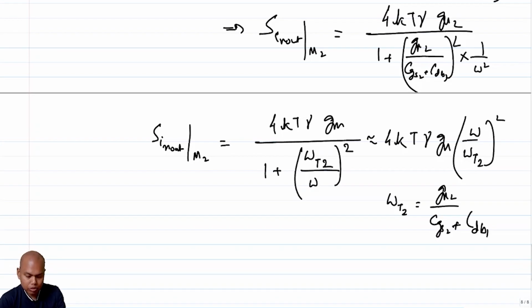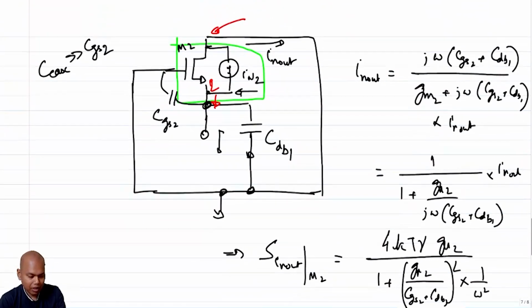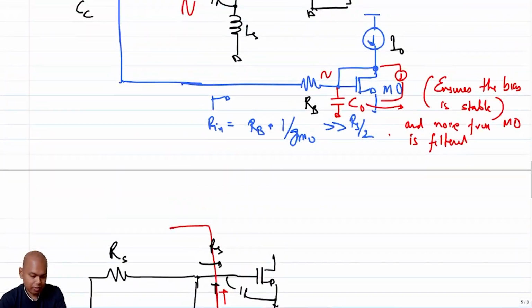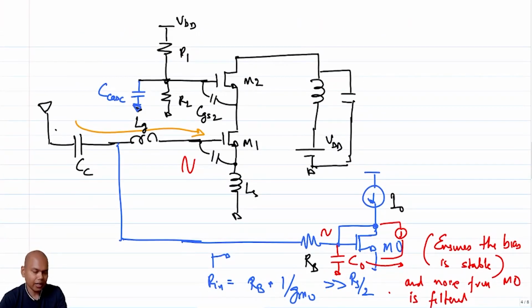But sometimes this is not possible because biasing any transistor at a higher omega T entails that you have to bias it with a high overdrive voltage. Now when you are putting a cascode transistor, you are already short of overdrive because you have eaten up some of the headroom. So that's a design trade-off that you have to deal with. Okay.